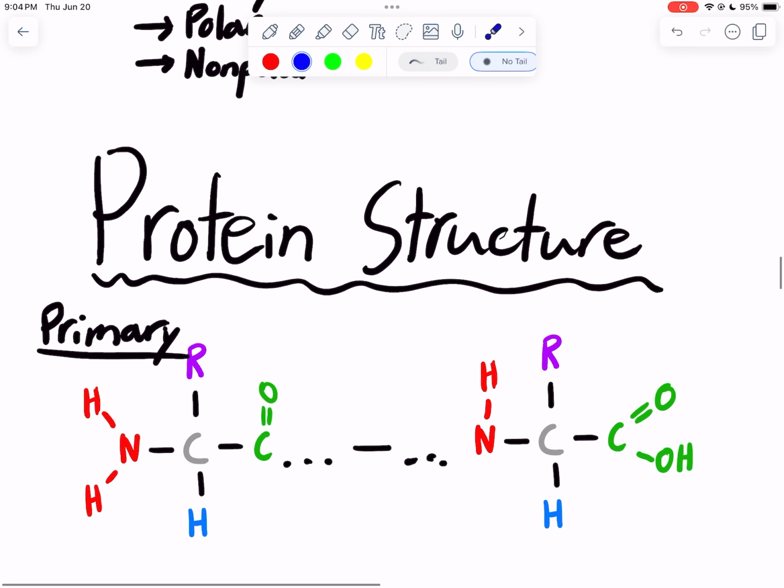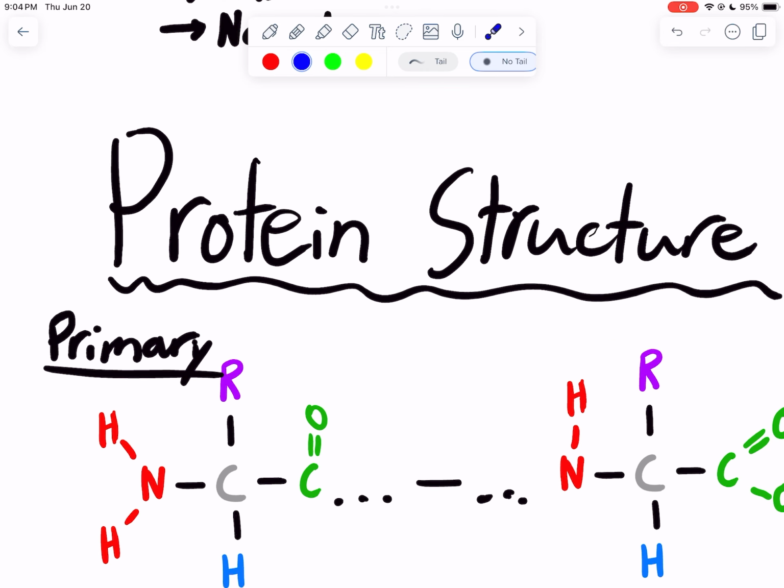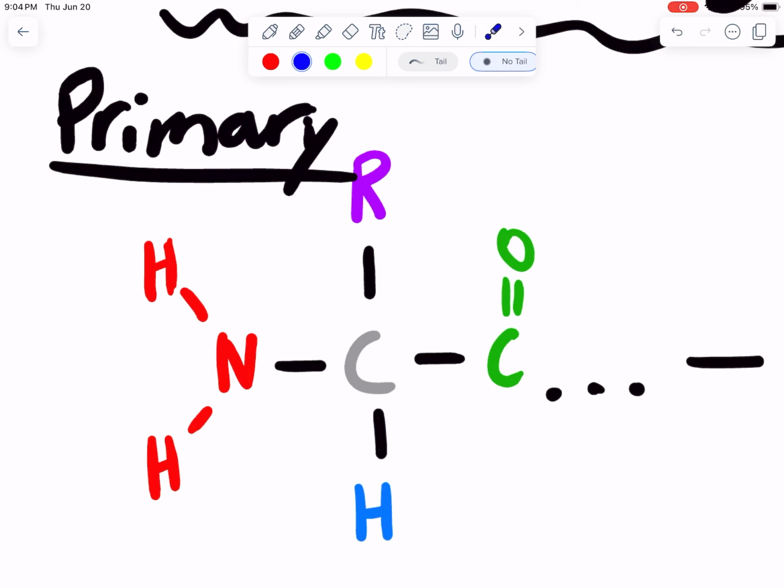Zooming out, scientists like to categorize the protein structure into four levels of structure per protein. The primary structure is the most basic level of the structure of a protein, and it's essentially just the string of amino acids.